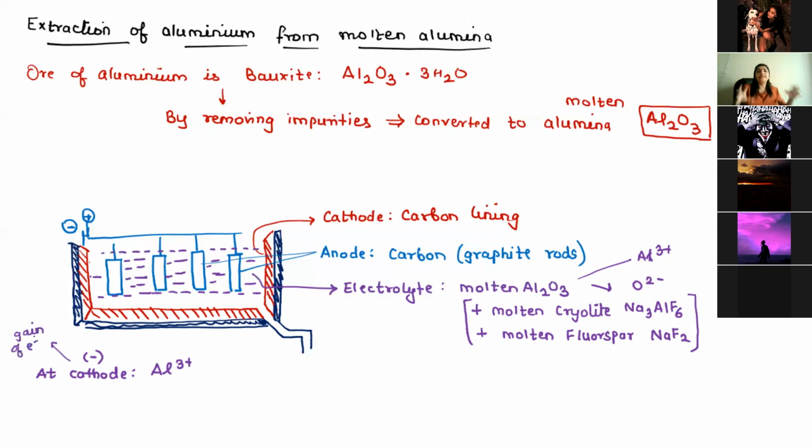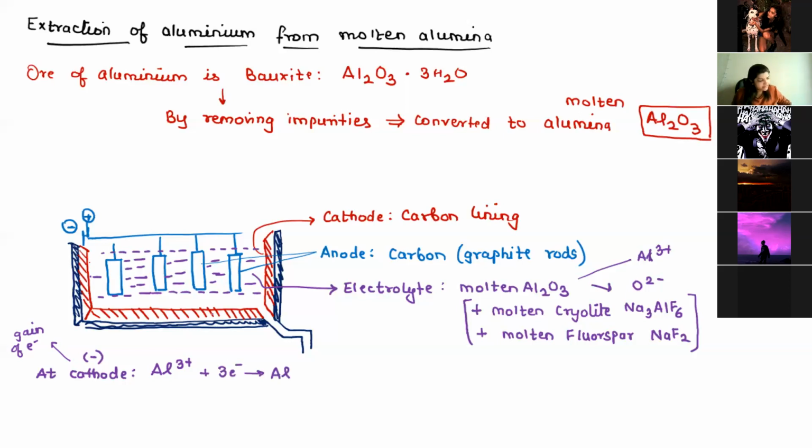Okay, don't be in a hurry to just write the answer. Take a pause, think that yes, cathode is reduction, gain of electron. That is how you will always go right. You will never go wrong. Don't be in a hurry. So yes, Al3+ gaining 3 electrons and it will form Al.